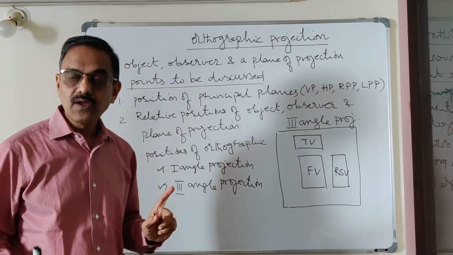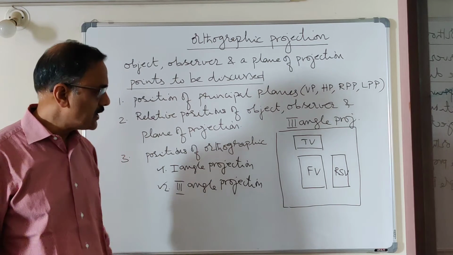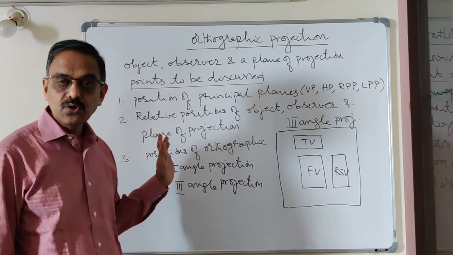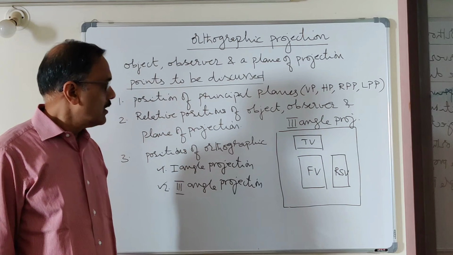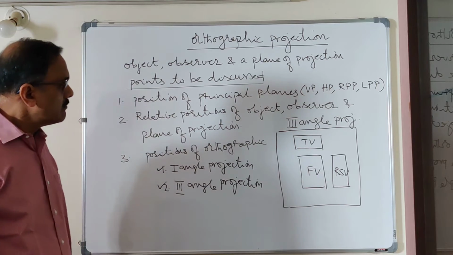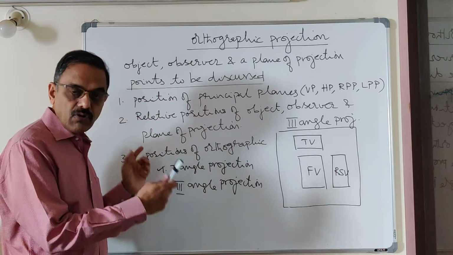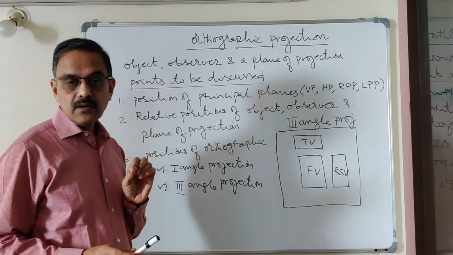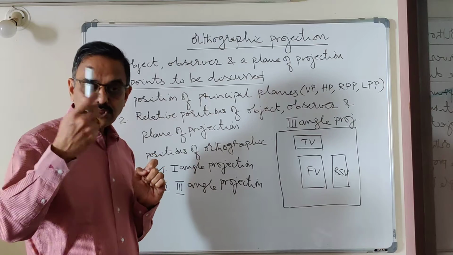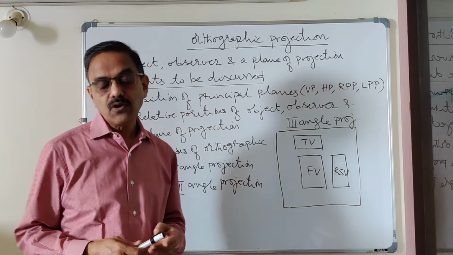But we are not following third angle projection here. As per our syllabus, we are going to follow only first angle projection, but you should know the differences between them. Now, when you make a drawing, let us say you are sending it abroad. The person on the other side should know what method of projection you have followed.